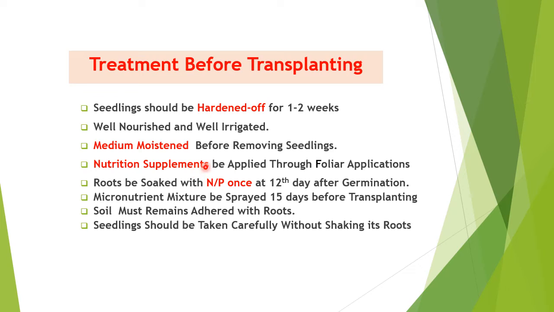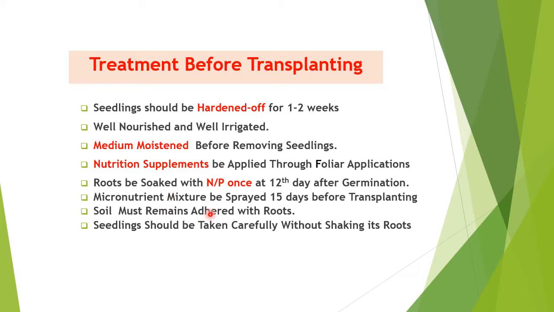Nutrition supplements be applied through foliar applications. And roots can be soaked with nitrogen and phosphorus once at 12th day after germination. Micronutrient mixtures can be sprayed 15 days before transplanting.